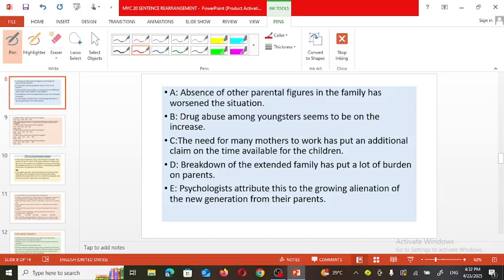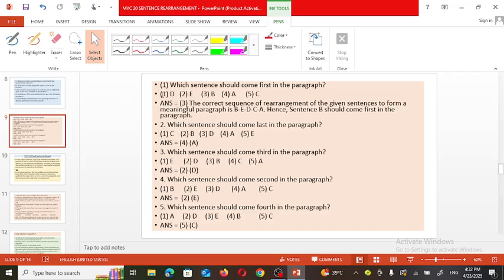That is the reason, and the reasons, or we can say the consequences, are given here. So this will be the first sentence. So where that option is given, first one is D, then E, then B. So according to our observation, this B sentence must come first in the arrangement.